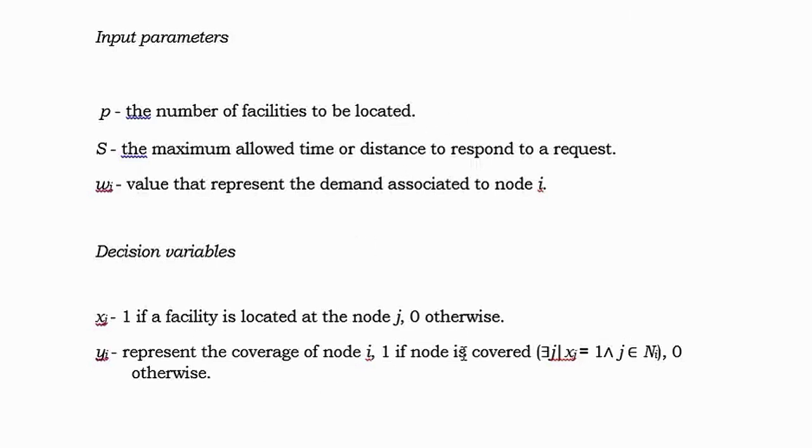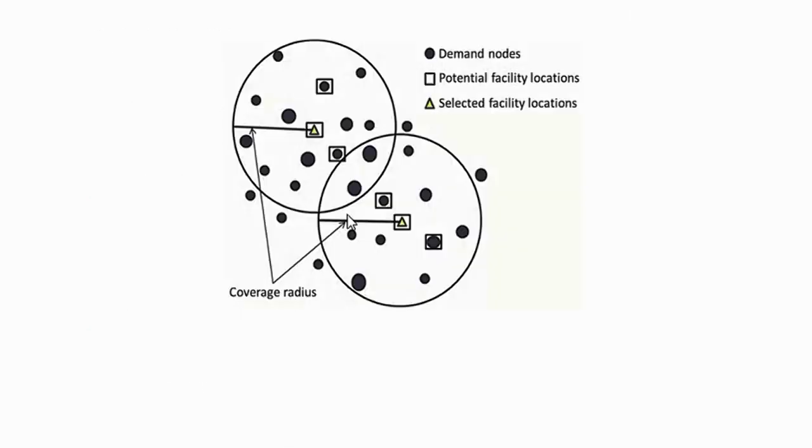So we have this illustration. The y sub I for the nodes that are covered is 1, and for the nodes that are not covered they are 0, 0, 0.